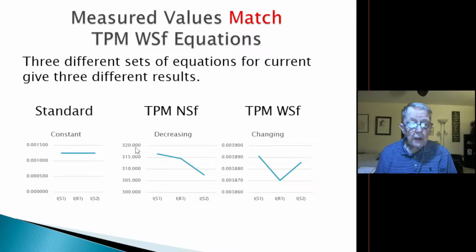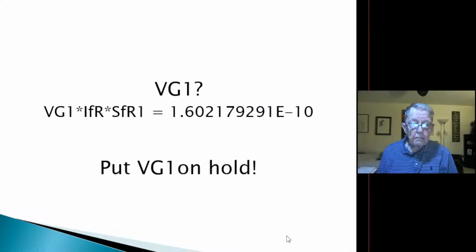So the results are that the measured values, except for one, that 15 volt, the second circuit, dropped off. This was way down. 17 of them matched. Well, what about VG1? I think this is where I made my mistake.